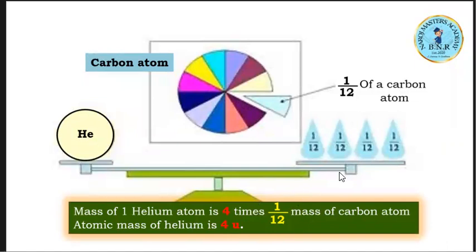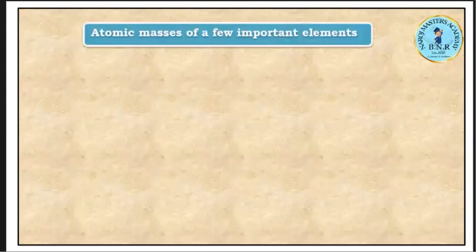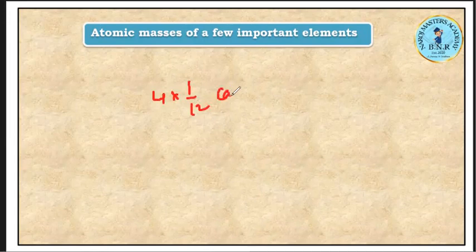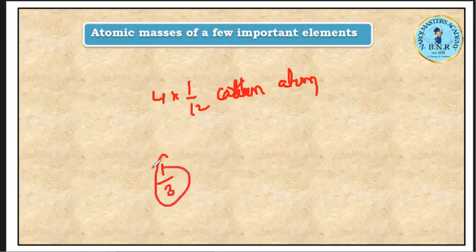So simply add these all masses. 4 times 1 by 12 of a carbon atom is nothing but 1 by 3, so 4 ones are 4, that is 3 times units compared to a carbon atom.